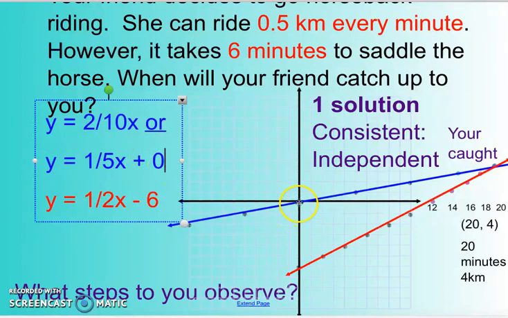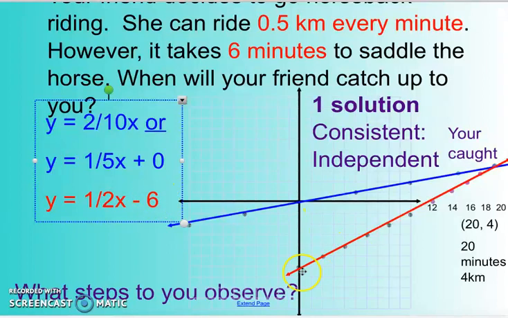So we started at 0 in the middle, at the origin. Then we needed to rise 1 and run +5. Rise 1, run +5. And I could keep going and keep going until I figured out where my lines were.